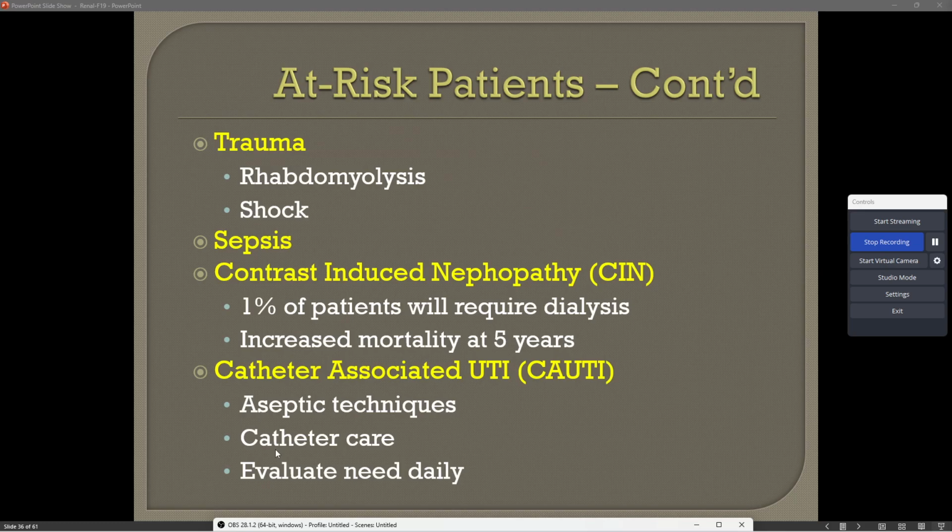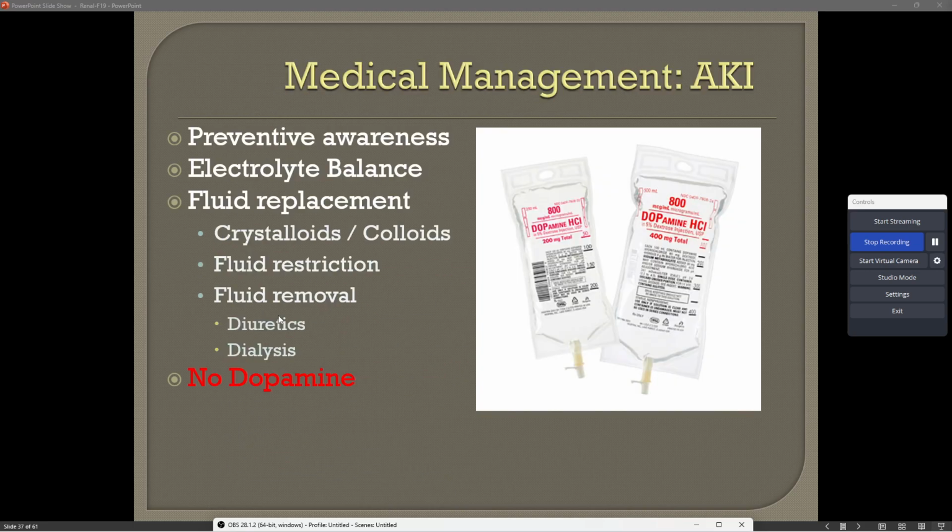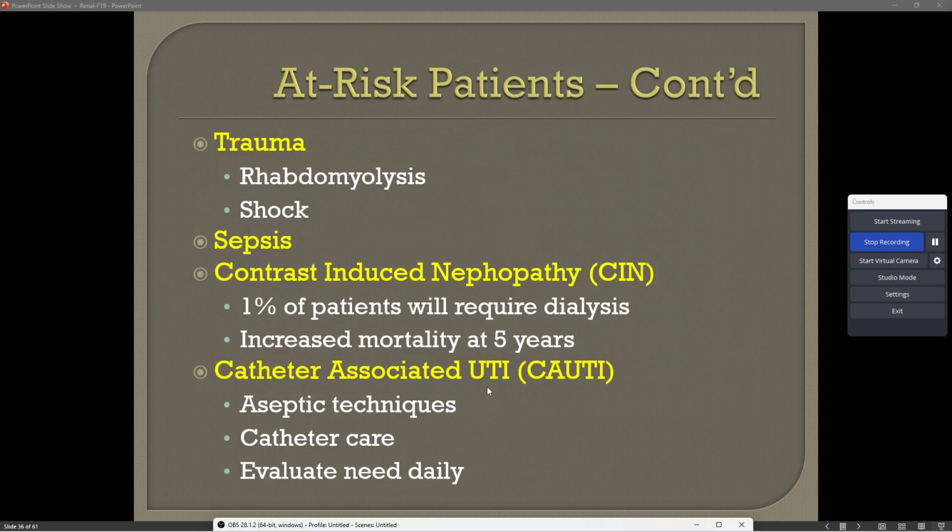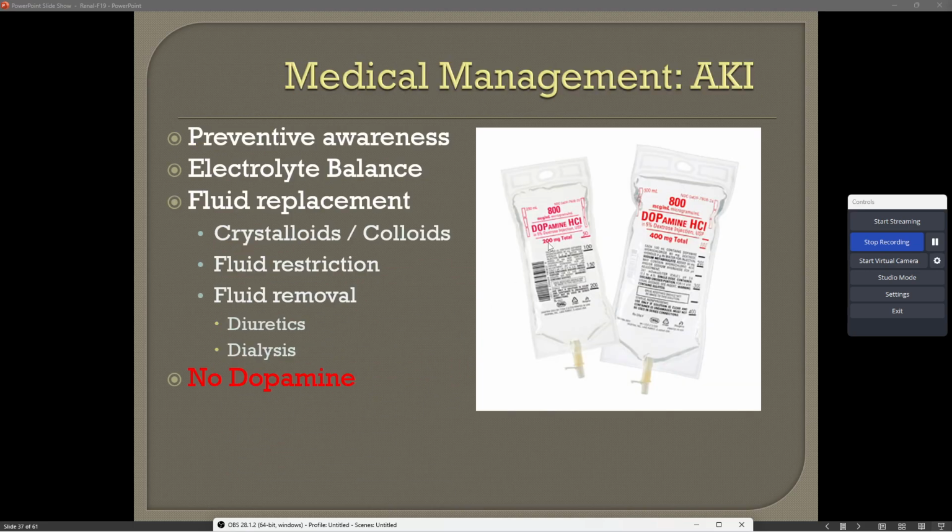Almost all brand new Foleys come with an additional means of back-flushing the Foley without breaking the sterile field. Do not break that field, or if you're going to, you break it, you sterilize, and you immediately replace the entire Foley. That's how that should be done. Big deal. I hate this. There's no excuse for this.